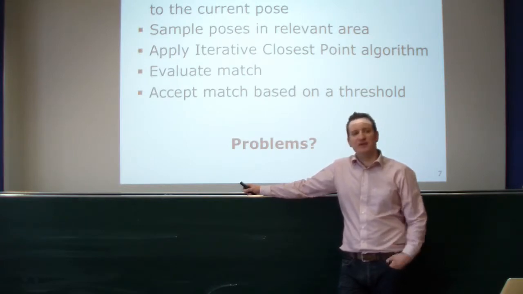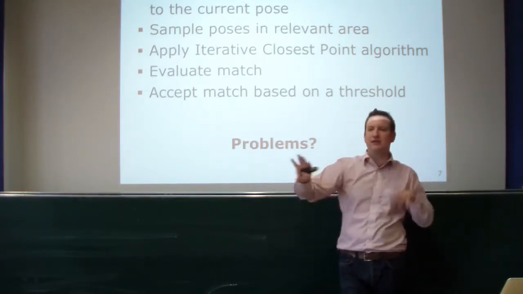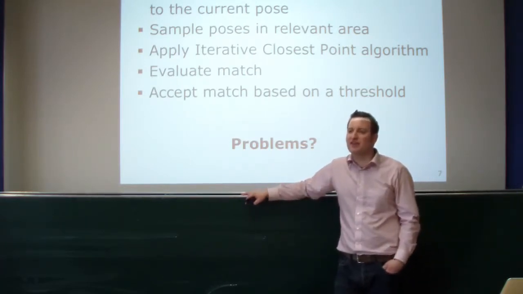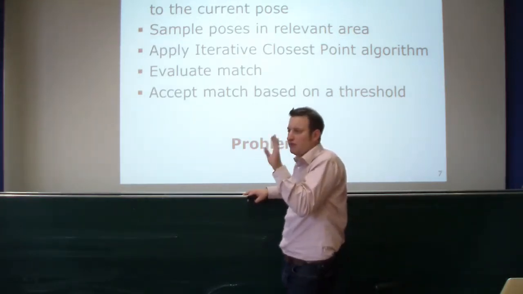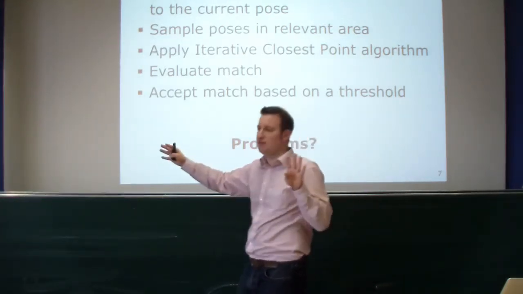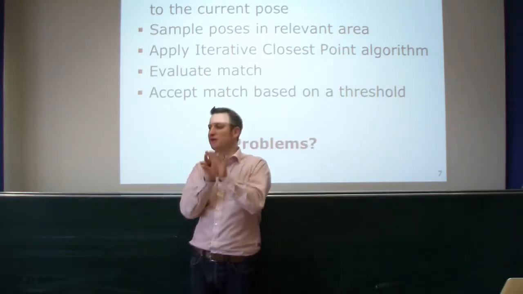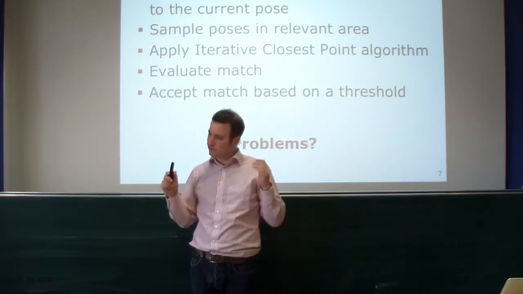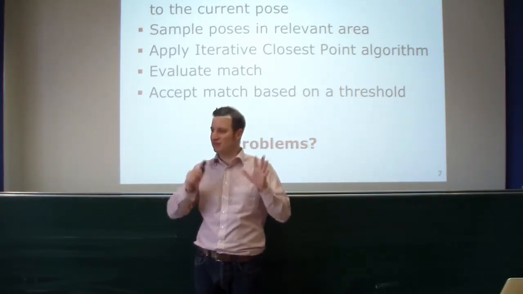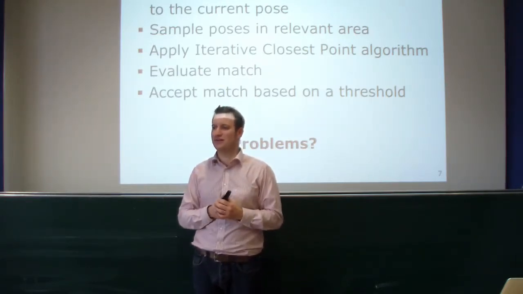But even if they match perfectly, the perfect overlap of the scans, what could still be an issue? What do you mean by perfect overlap? So let's say you have a current observation that you observed right now, and one which you've seen at a different point in time before, they perfectly overlap, so they perfectly match with each other. Is this a match? Is this something you can commit on? Can be like two different parts.